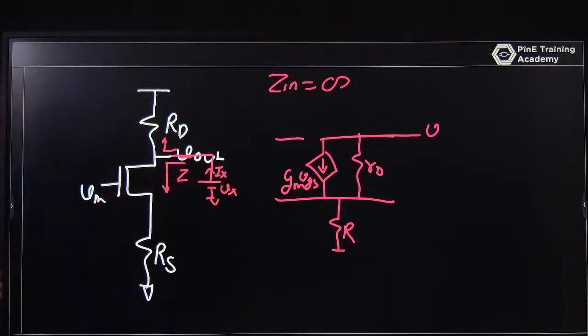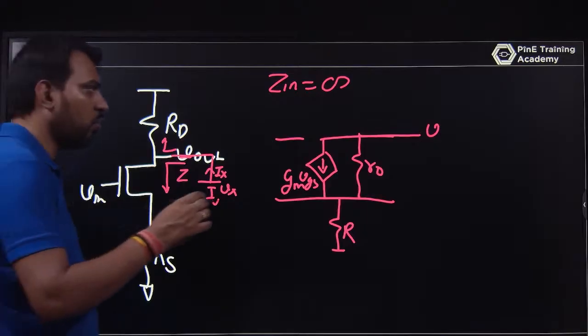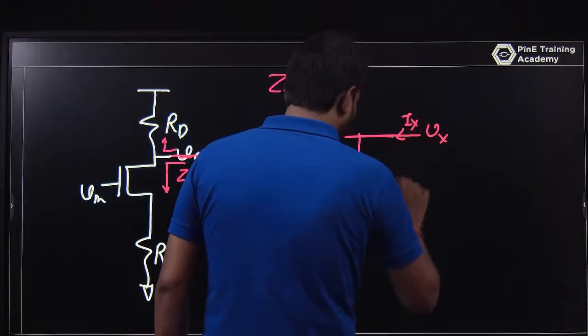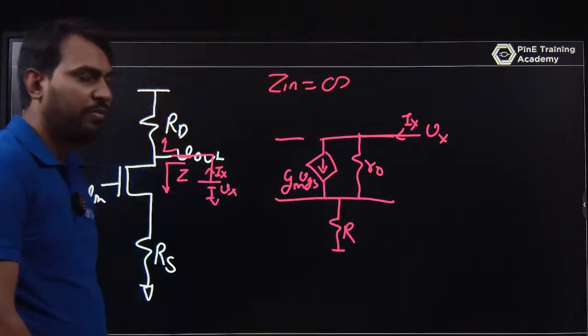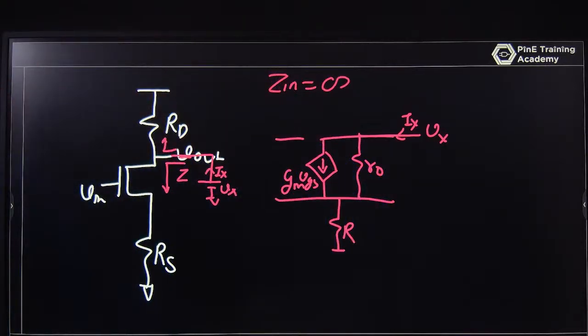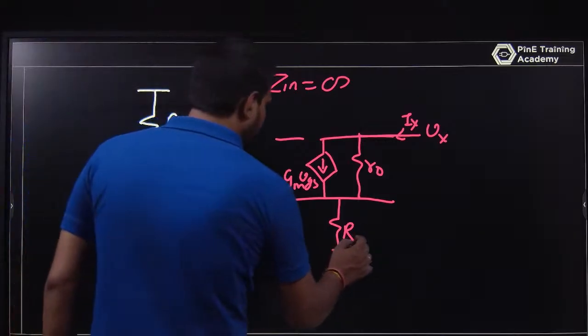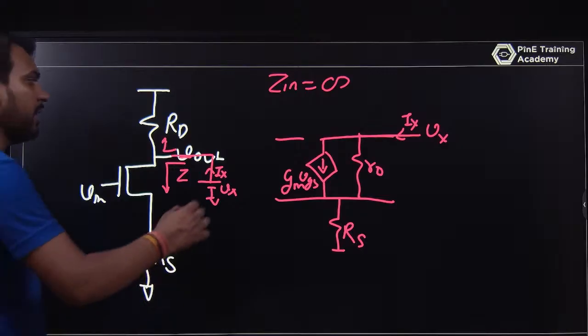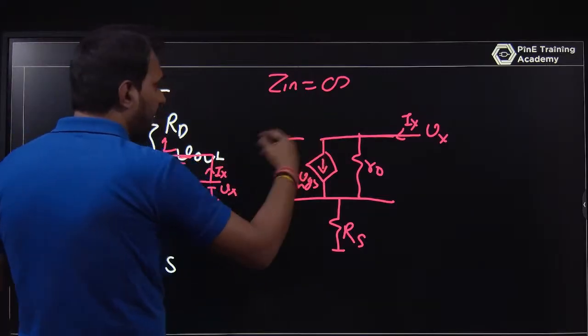By this we can determine Vx upon Ix. So I am using one Vx here and this is Ix. By Vx and Ix I can define the resistance. This is Rs. And the gate voltage is 0 for finding Zout.